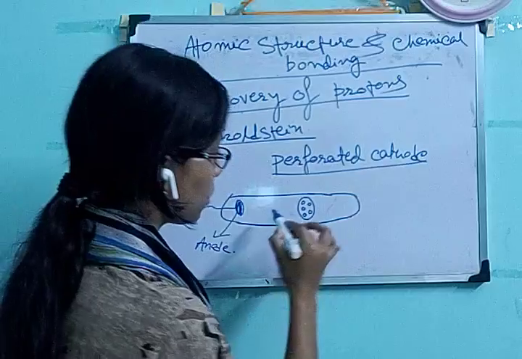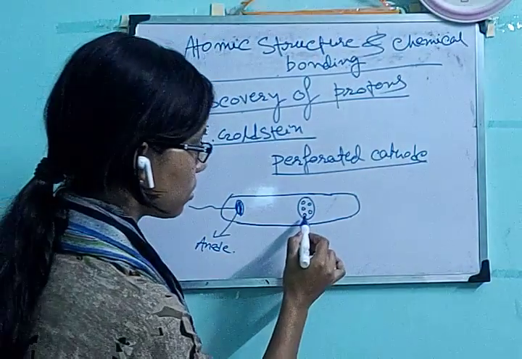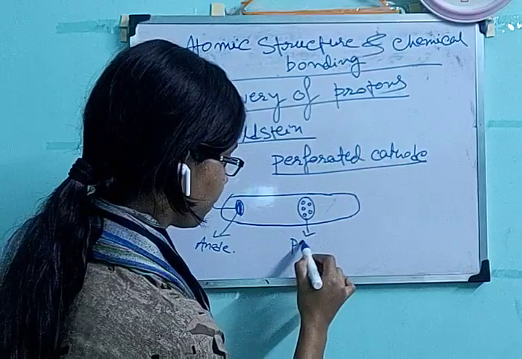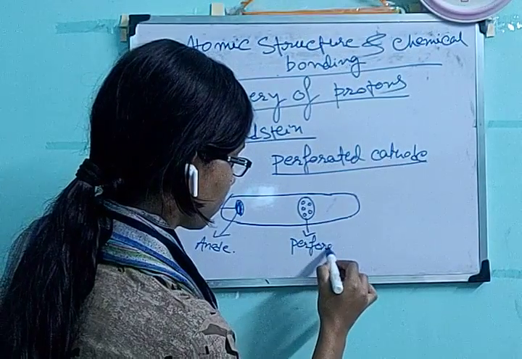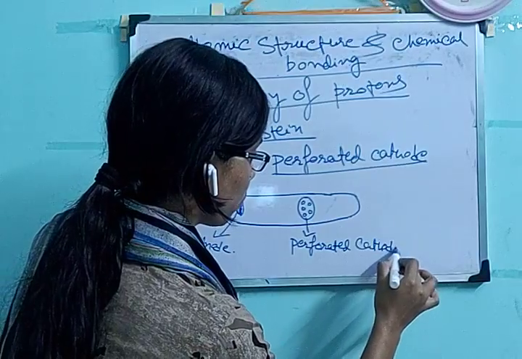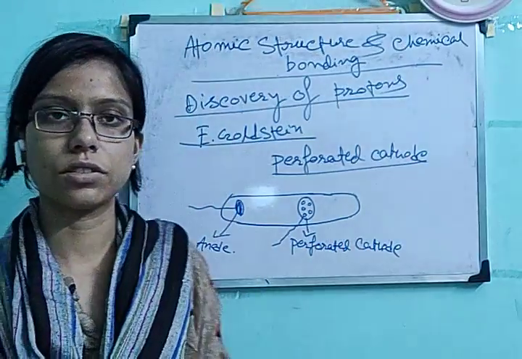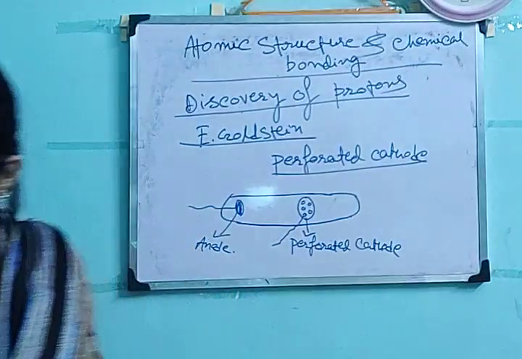Perforated cathode means there exist some holes in the cathode. So both cathode and anode are connected to an electrical charge source, that is, some induction coil, the same as here.